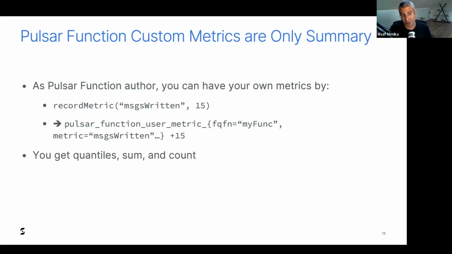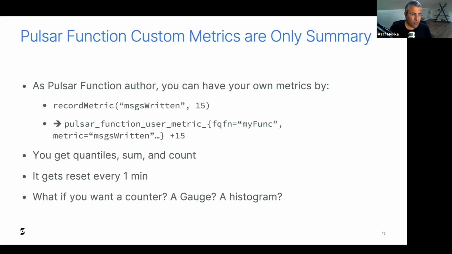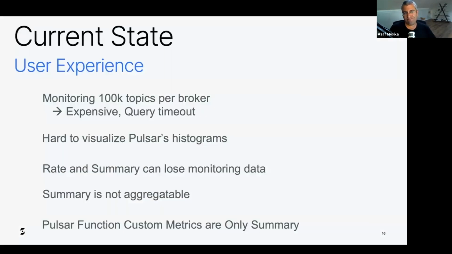So you get quantiles of it and sum and count, and it also gets reset every 1 minute. But what you really wanted was a counter, a gauge, a histogram, but you can't. It's always summary. So if you summarize the user experience, you see that you have quite severe issues here. The first and the second are the biggest ones.